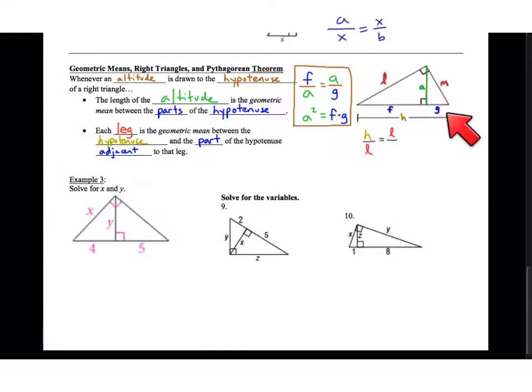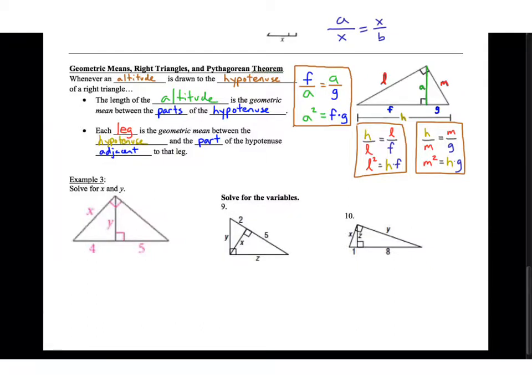That's F as opposed to G. F is adjacent to L, G is not, so there is your proportion. L squared equals HF. We can do the same thing for M. M is the geometric mean between the hypotenuse and the part of the hypotenuse adjacent to it. Okay? Knowing these will make life easier, kind of like the triples.